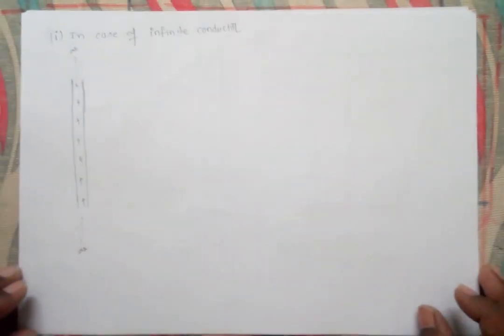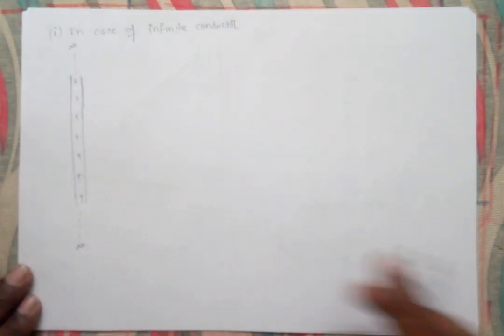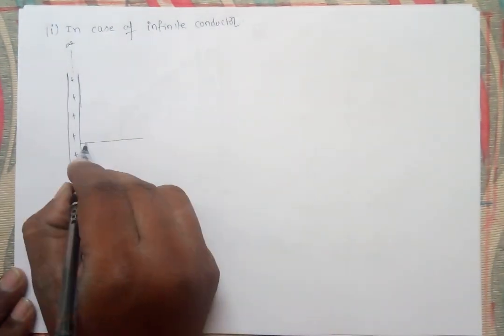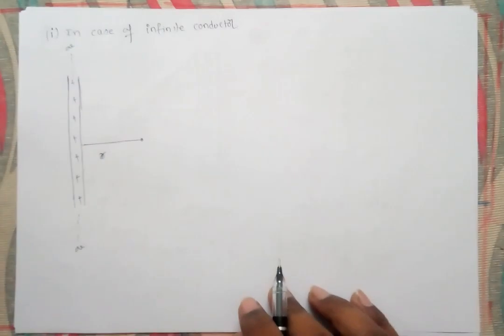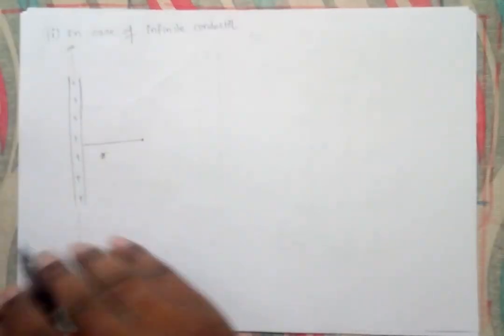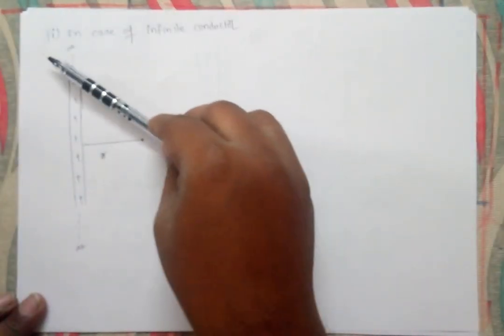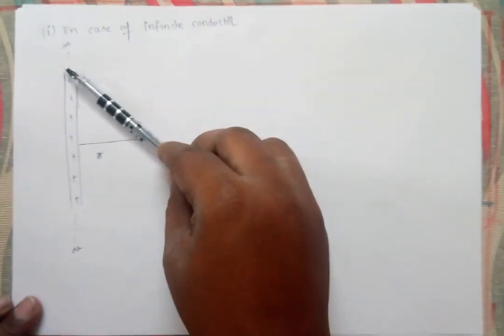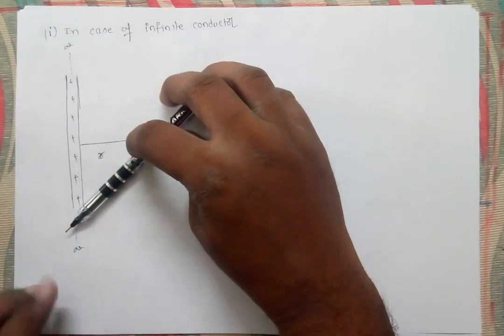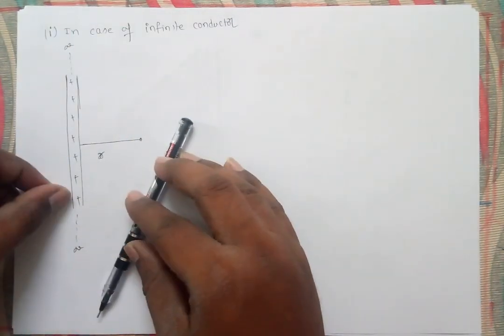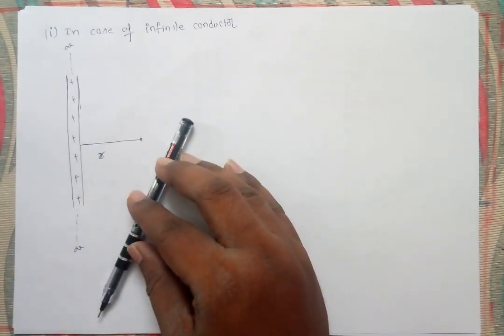So an infinite conductor is there. In this infinite conductor, we are taking a point at a distance r. Earlier, for the finite conductor, the angles were made like this, theta 2 at this end and theta 1 at the other. But infinite means it continues upwards and continuously downwards.